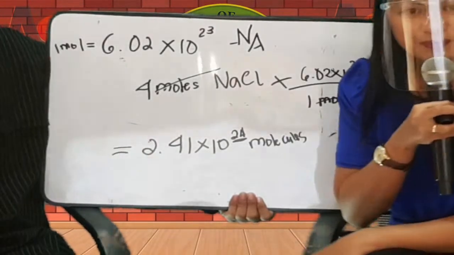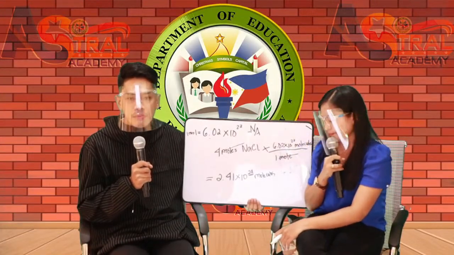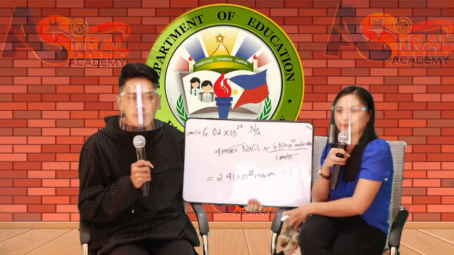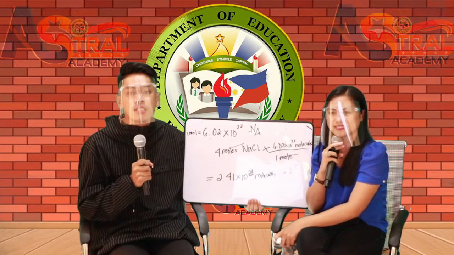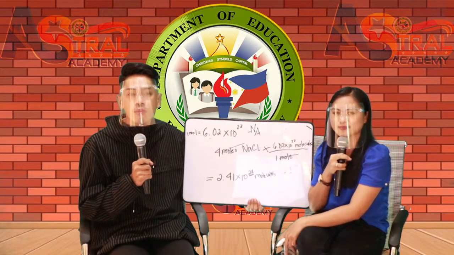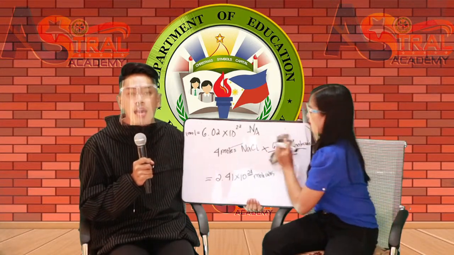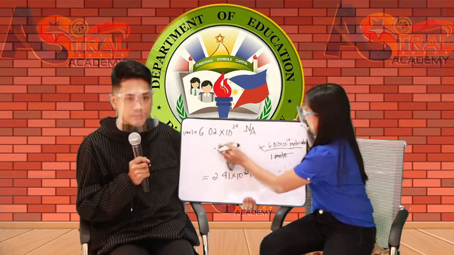Now let's proceed to the molar mass of an element after solving for the moles. But before that, let's first unlock the different terminologies such as atomic mass, molecular mass, and molar mass.